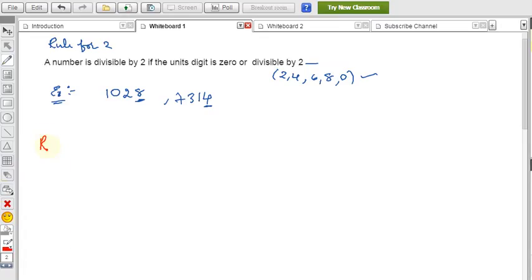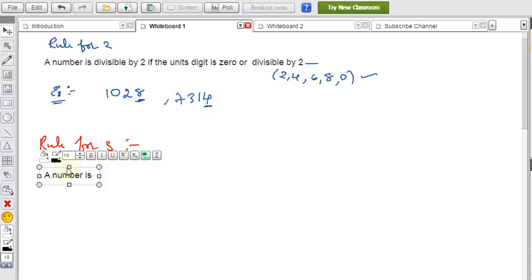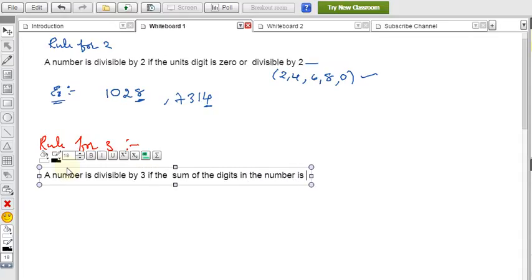Rule for 3. Let me give the rule for 3 now. A number is divisible by 3 if the sum of the digits in the number is divisible by 3.